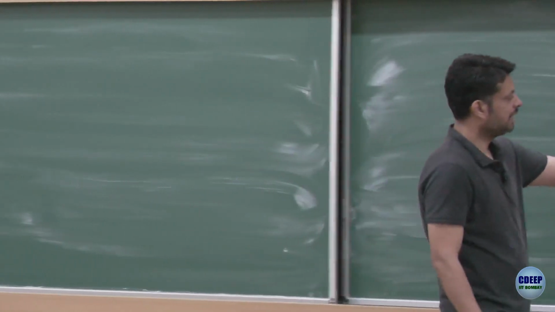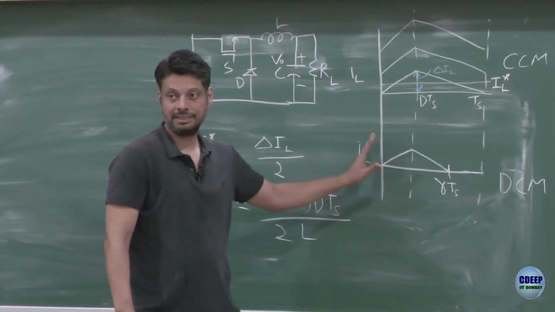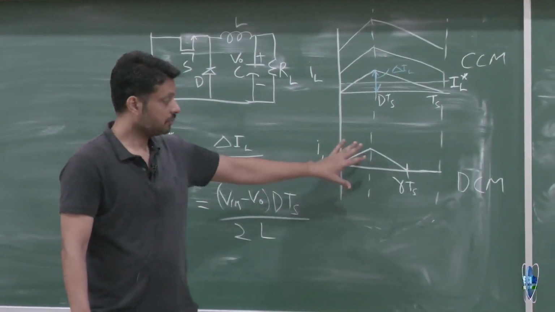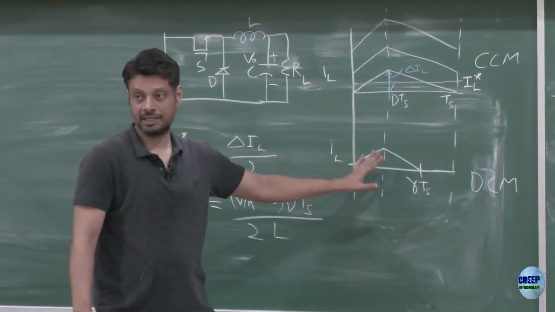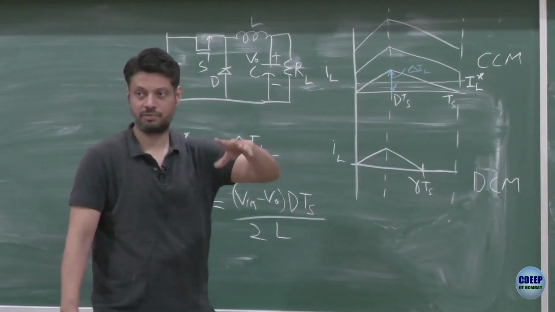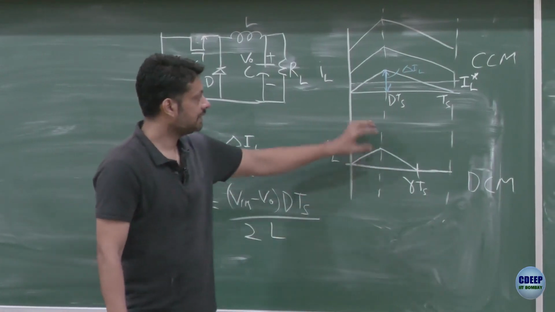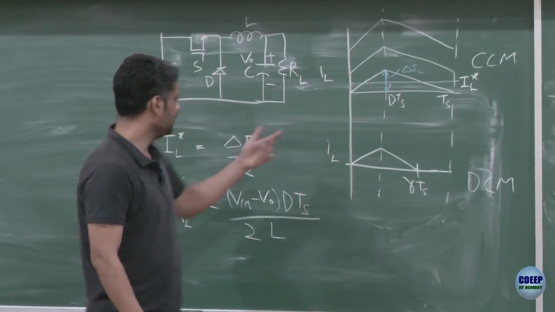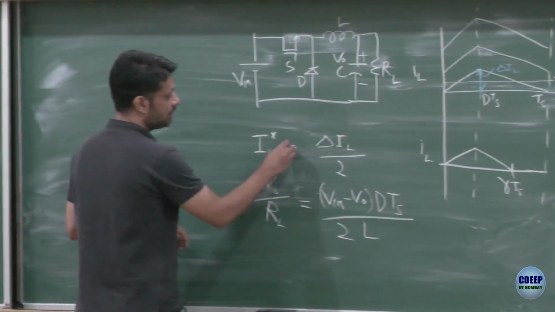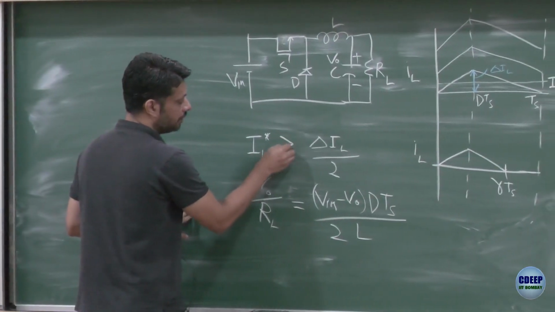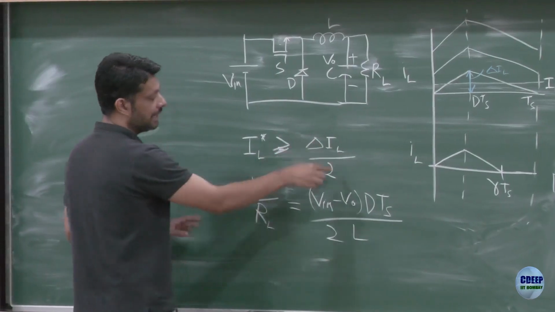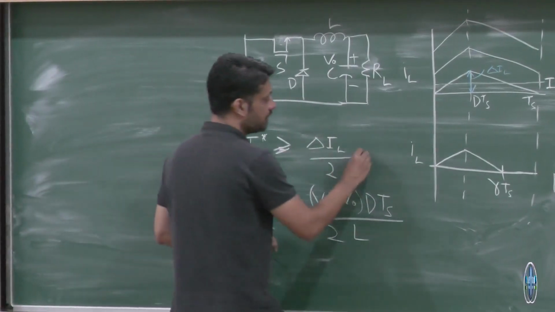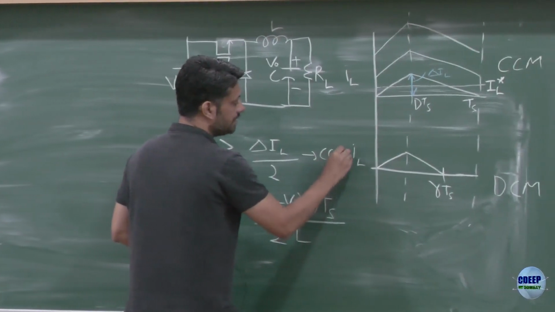Yeah, so we'll come to that. We'll analyze this case in more detail very soon, in the next board, just a few more minutes. But nevertheless, you can see that in this case, if your average current is more than or equal to delta IL by 2, that implies you are in CCM.